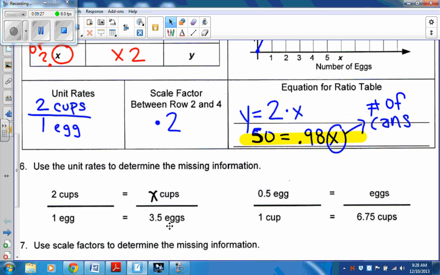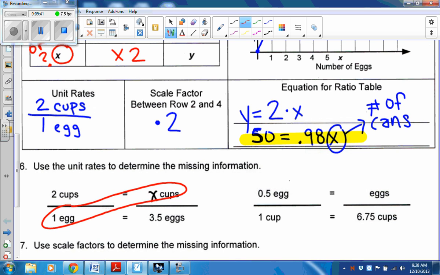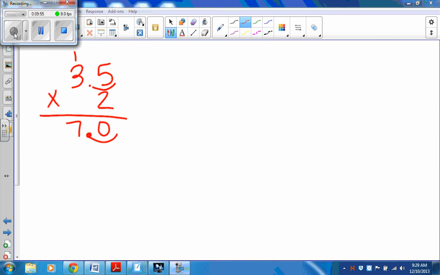So here we go with cross multiplying because cross products are equal. So I can say 1 times X simply gives me X equals 2 times 3.5. All right, so we did 3.5 times 2.